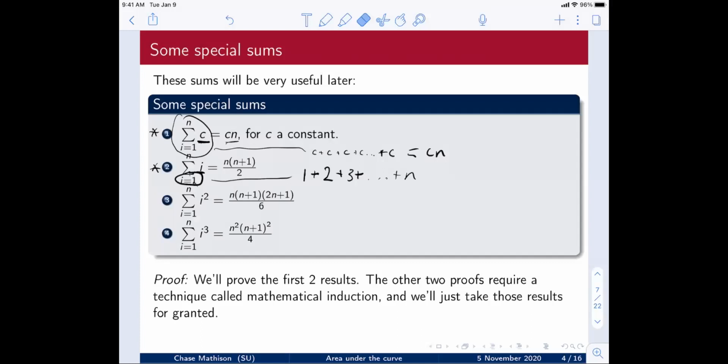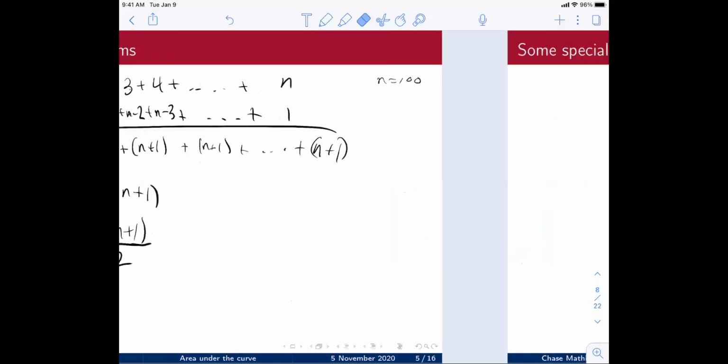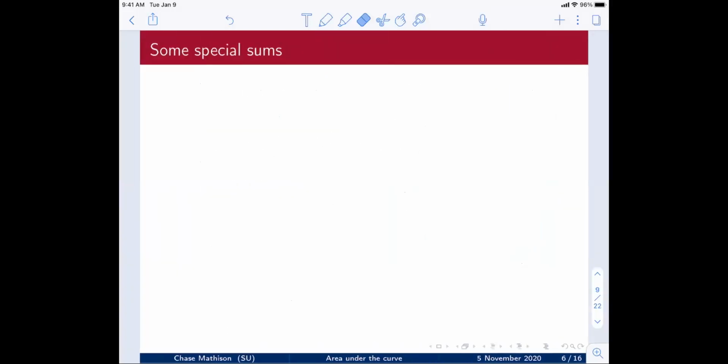Okay, so really quick with number 3, I just want to write out the sum. The sum i equals 1 to n of i squared. I just want to make sure we're all on the same page. What would this sum look like if I started to write out term by term? 1 squared, good.